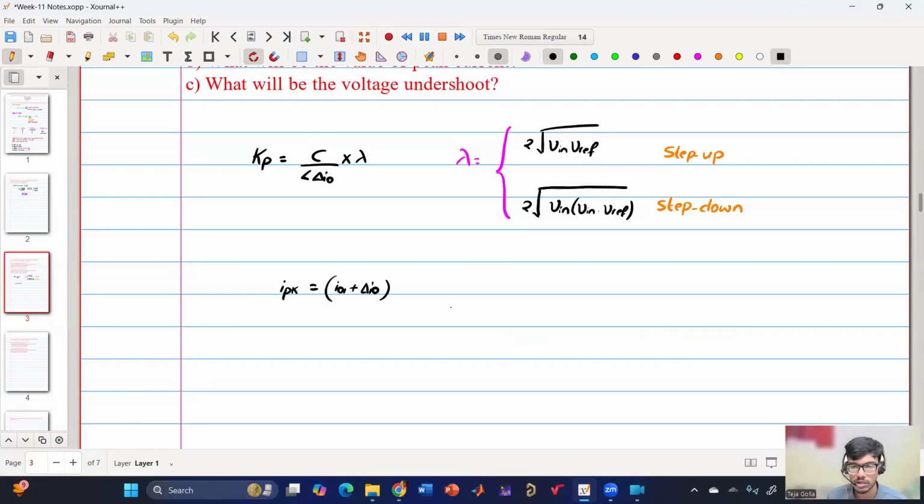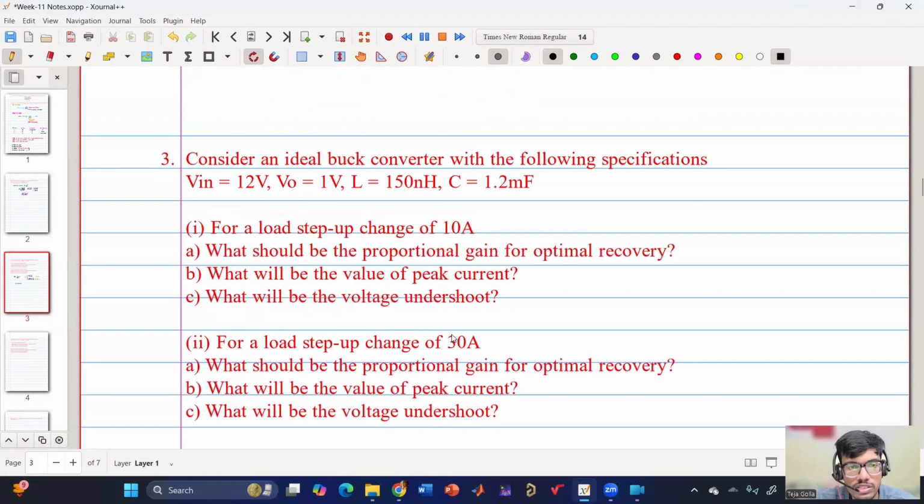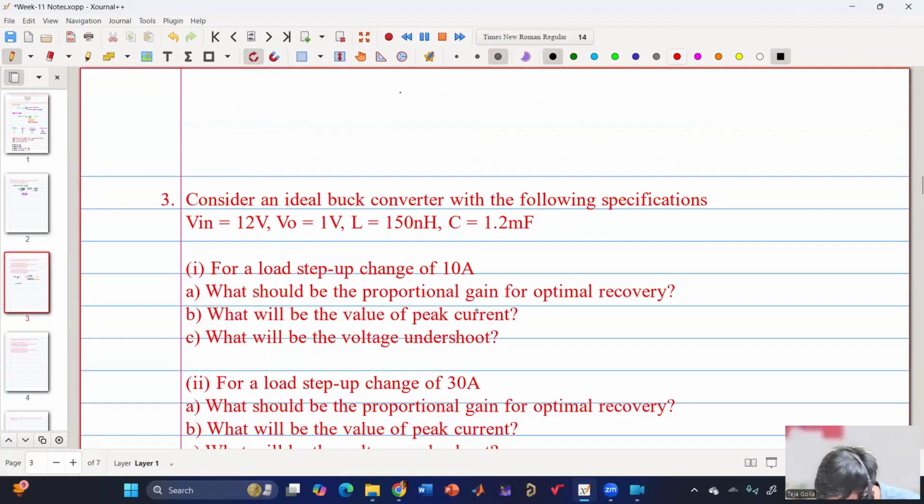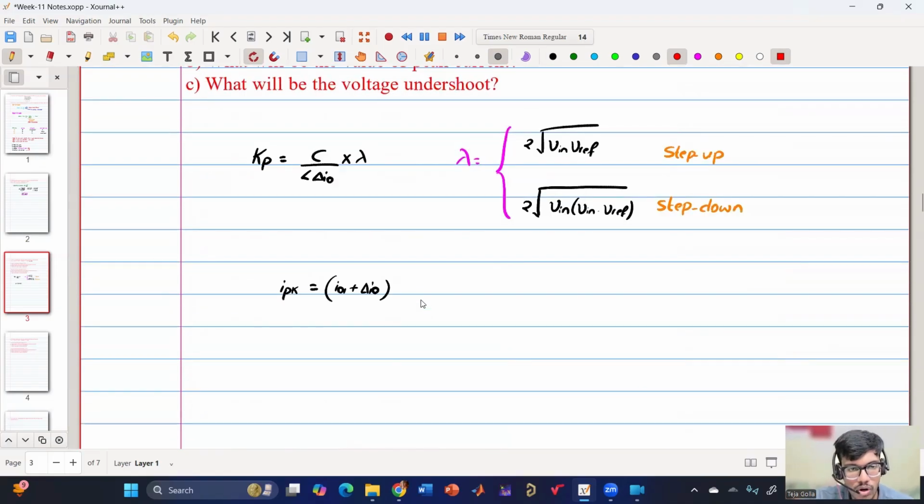I naught is the steady state current before the transient, which I have not given. So you can consider I naught one to be 1 ampere. So before transient, it is at 1 ampere load step. Now on top of that, a 10 ampere load step and 30 ampere load step is applied. So the new steady state current is 11 amperes and 31 amperes. So I naught one plus delta I naught.